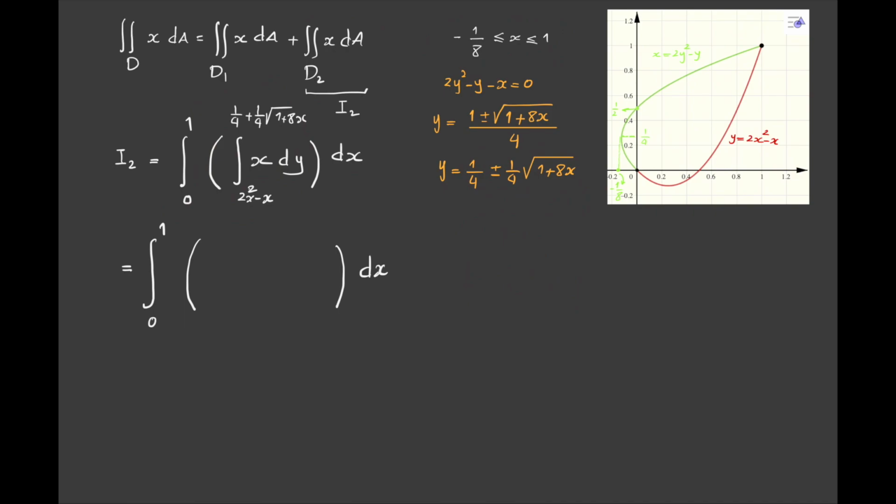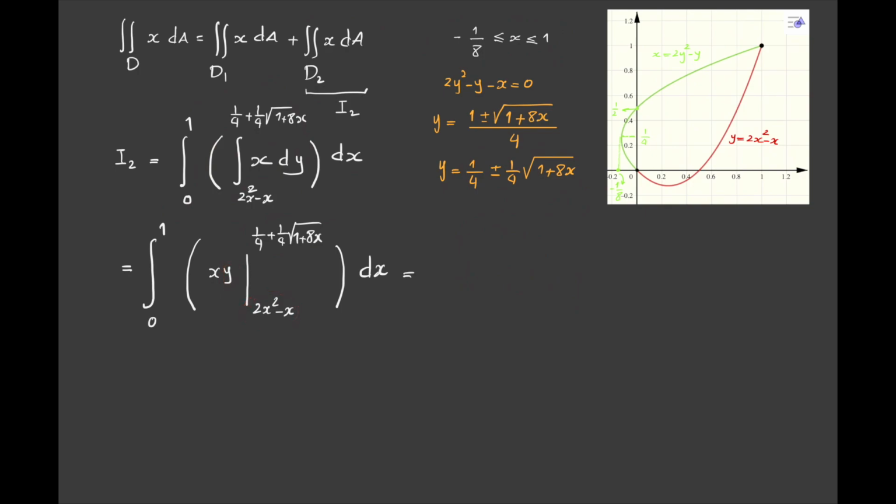So this becomes xy. And I have to run it from 2x squared minus x up to 1 over 4 plus 1 over 4 square root of 1 plus 8x. Okay, so what can I do now? Instead of y, I plug this in, and instead of y, I plug this in, and then I subtract.